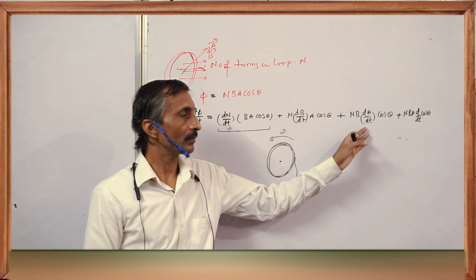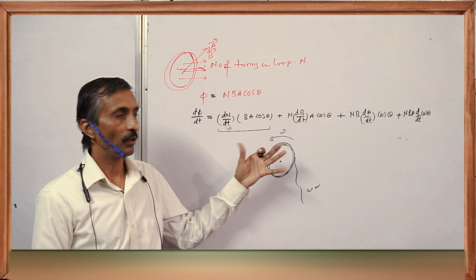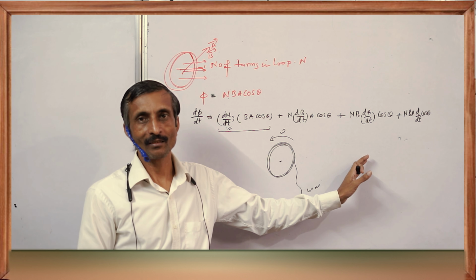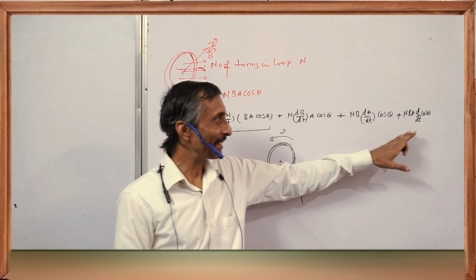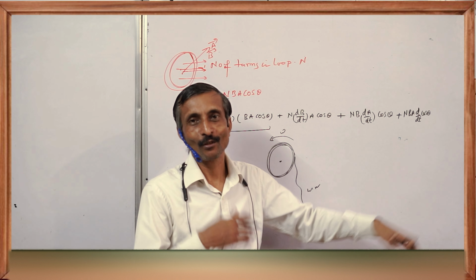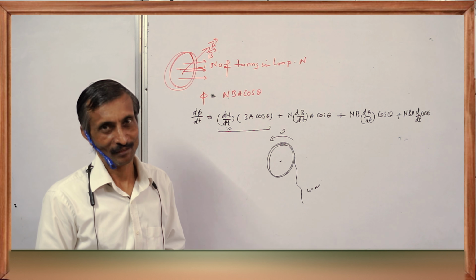Here the area will change: suppose the loop area is increasing, or a loop is being inserted into a magnetic field. And in an electric generator, the loop rotates in the magnetic field, so the flux changes.